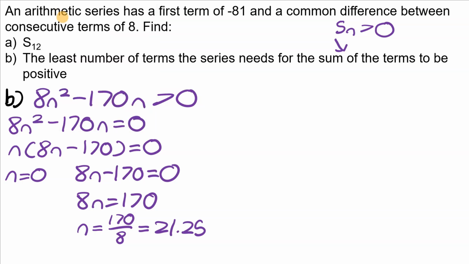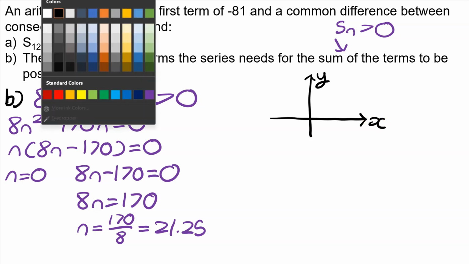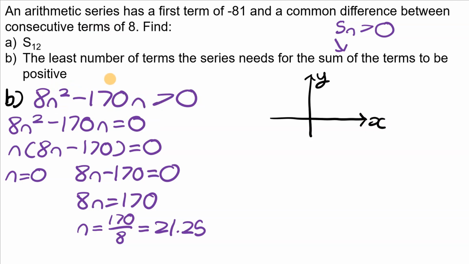So if we sketch a quick graph, say this is the y-axis and this is the x-axis, this should technically be the n-axis, but we'll just call it the x-axis. If we draw this quadratic, 8n squared minus 170n, it's going to be a positive parabola like this, and its roots are n is equal to 0 and n is equal to 21.25.